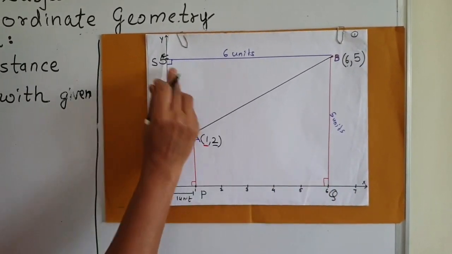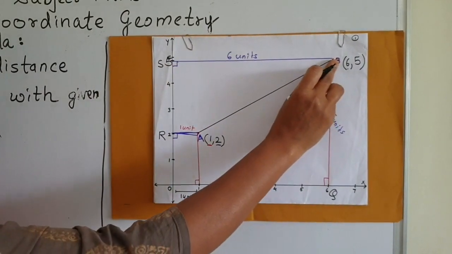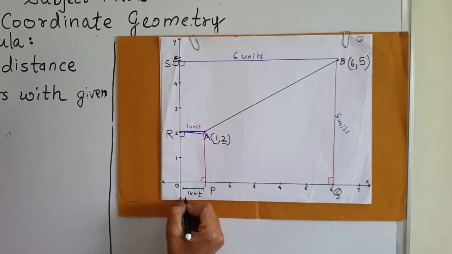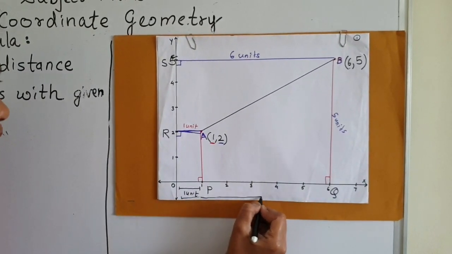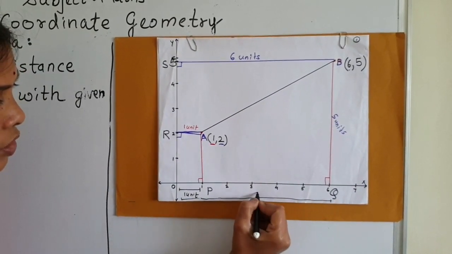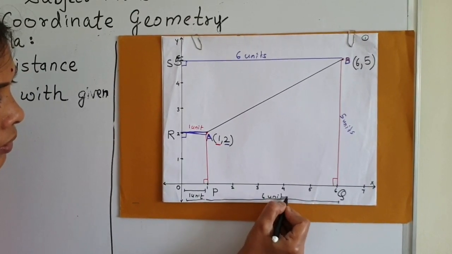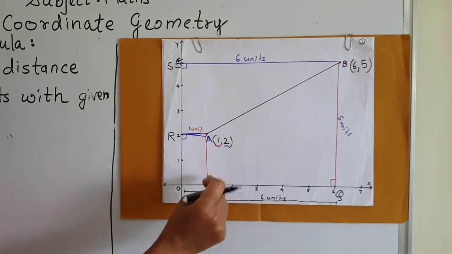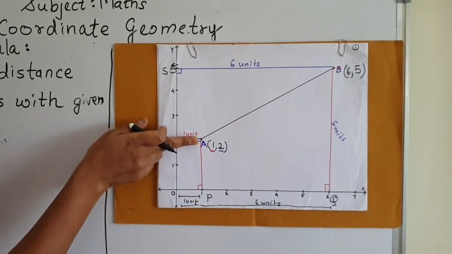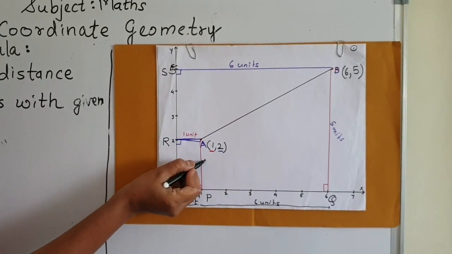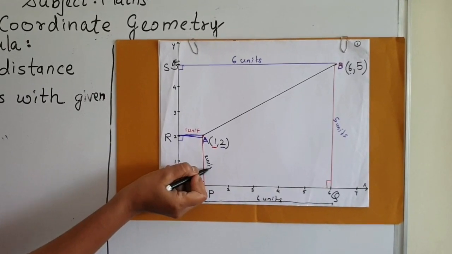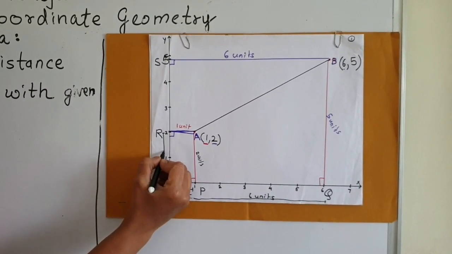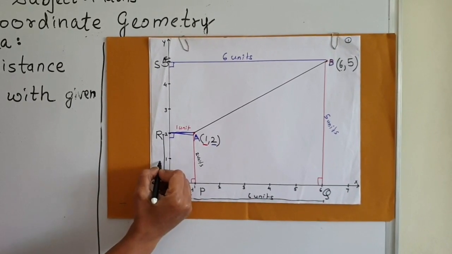Then OQ, which will be equal to SB or BS. So that whole is 6 units. Then vertical distance, as AP is 2 units, which is equal to OR, distance from here to here, 2 units.